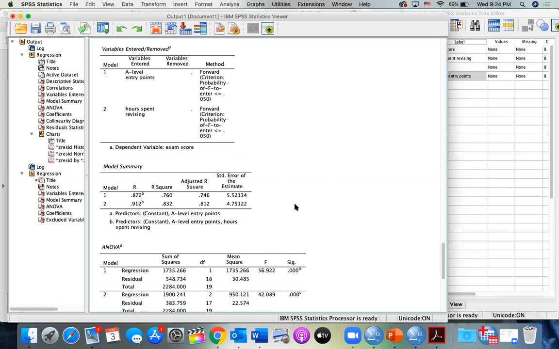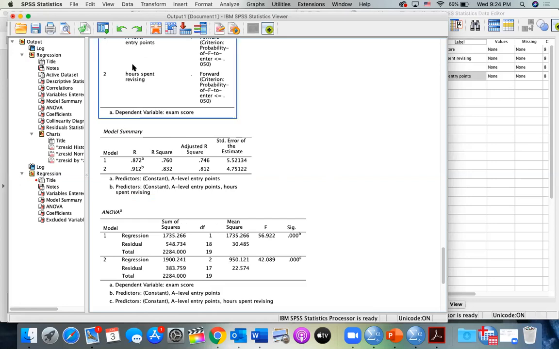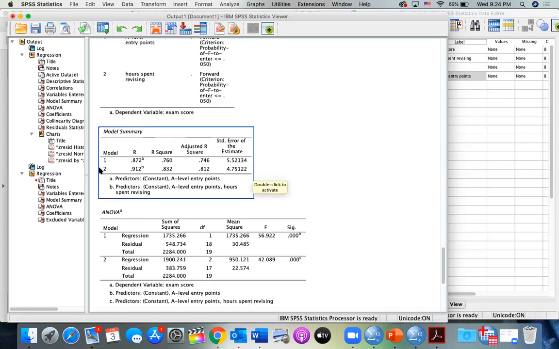You can see that the anxiety was excluded or dropped from the selection, meaning that it didn't meet the criterion here. So always the last model is usually the best. You can see that the second model has A-level entry points and hours spent revising, and it explains 83% of the variation in the dependent variable, compared to the first model, which only explains 76% of the variation.